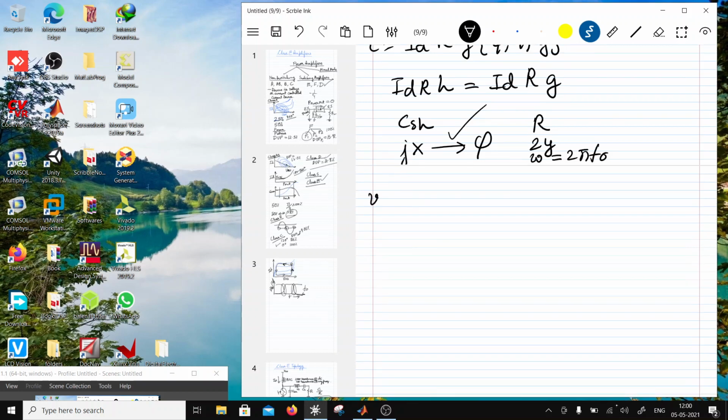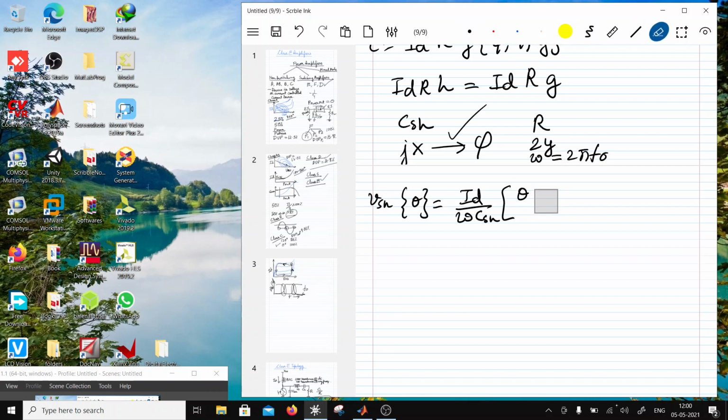Before that, we know that V_SH, which is a function of theta, is basically going to be I_D divided by omega C_SH, right, times something which is going to be theta plus pi by 2 minus y. Oh, sorry, y minus, so there will be a subtraction, right?